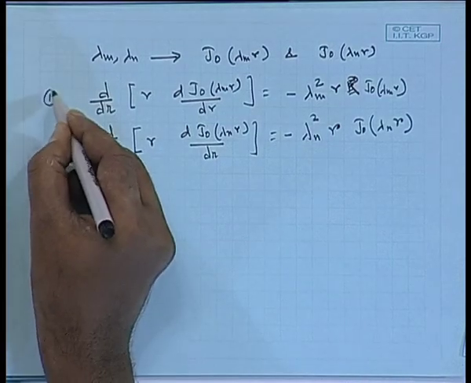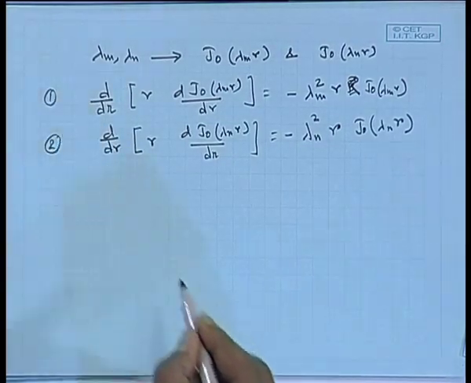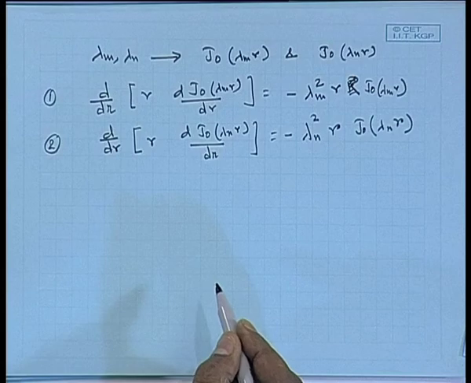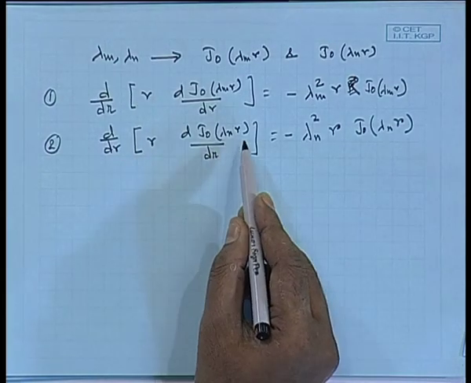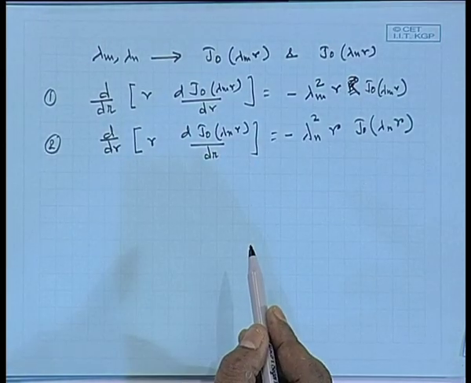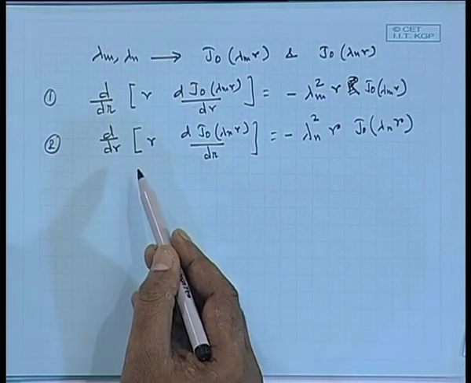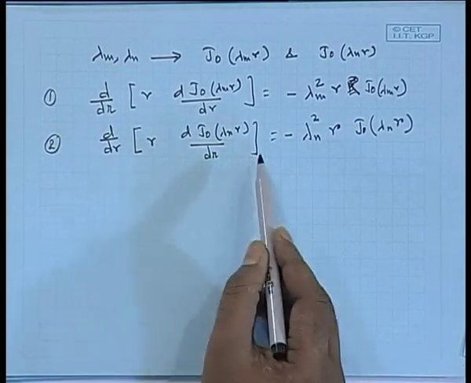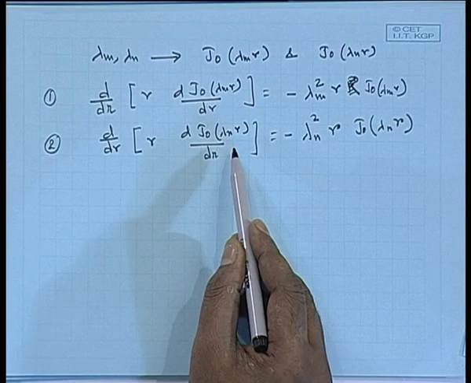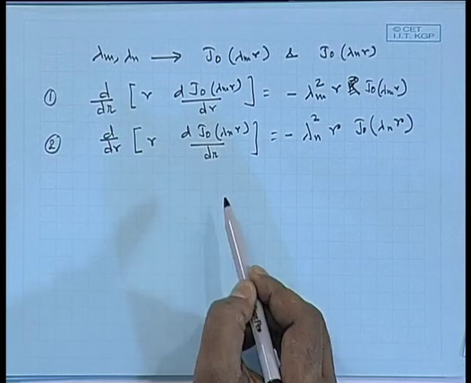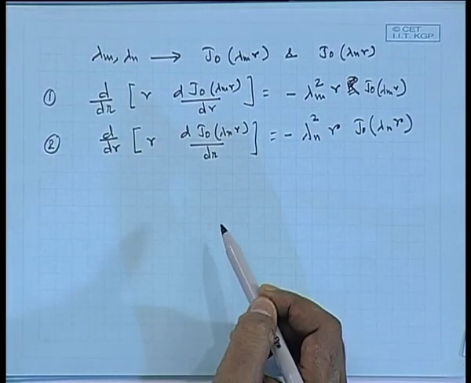Let us say this is equation number 1 and this is equation number 2. You multiply the first equation by J0(λn r), the other eigenfunction. You multiply the second equation by J0(λm r), and let us see what you get.